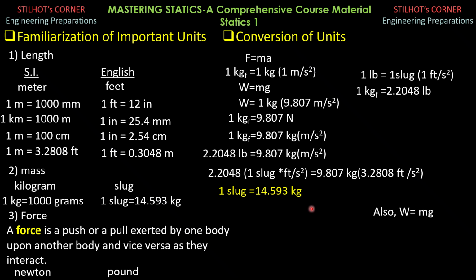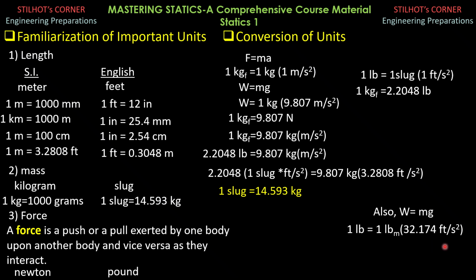Also, from weight equals mg, 1 pound force is equal to 1 pound mass times g, which in the English system is 32.174 feet per second square, compared to 9.807 meter per second square in the SI system. And maybe some of you are familiar with just 32 or 32.2, but this is the more accurate value.